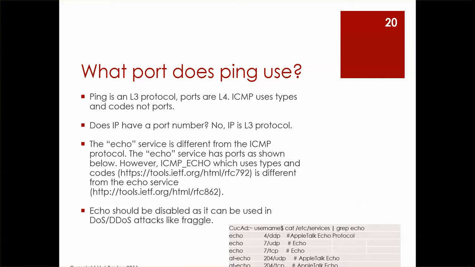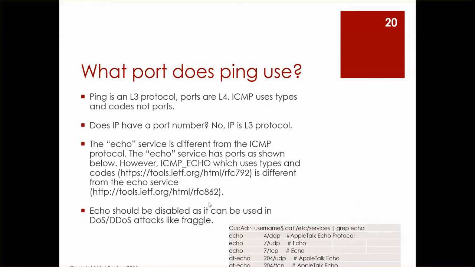So what port does ping use? It doesn't use a port. Ping is using ICMP, which is a protocol. In a nutshell, there's a confusion between the echo service, which is different than the ICMP protocol.